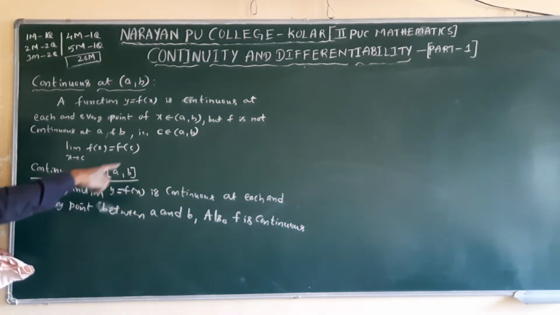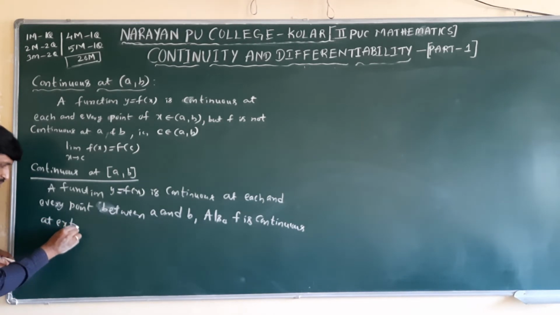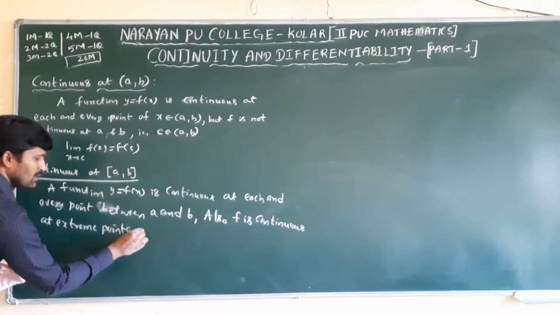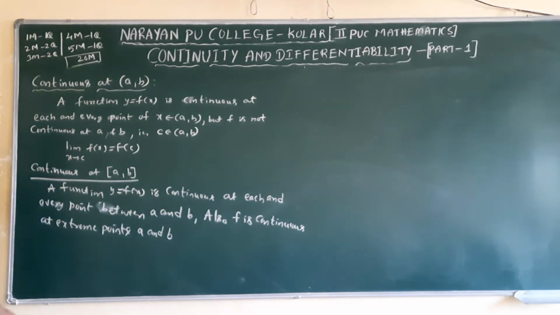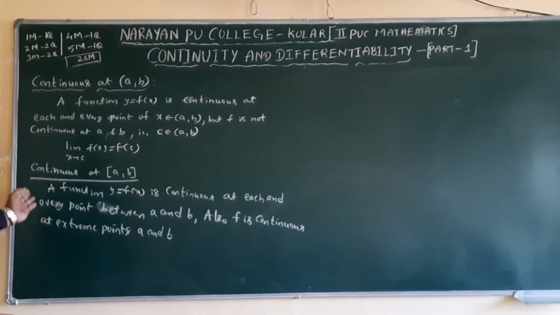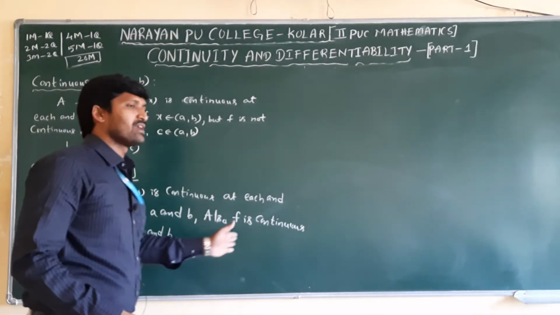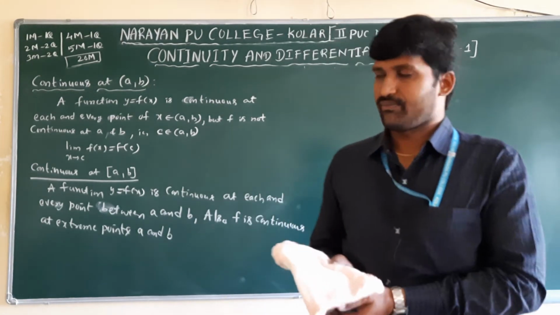That's why f is continuous at the extreme points a and b. Here we take the condition like this, value-wise. This is a simple way we can do continuity on an open interval and continuity on a closed interval.